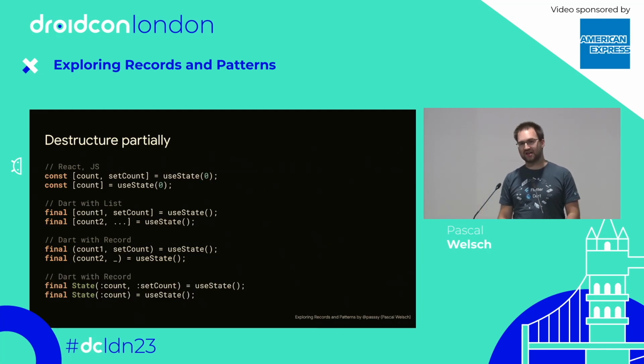I created an object called state, and here we actually can destructure only the count and not the setter if we want, but we have to wrap it inside of our state class. This might also be removed in the future. There's another issue open that we might not have to state here. Let's see if that's changed in the future. Either way, we are not there yet. We cannot replicate the same syntax as we have in JavaScript.